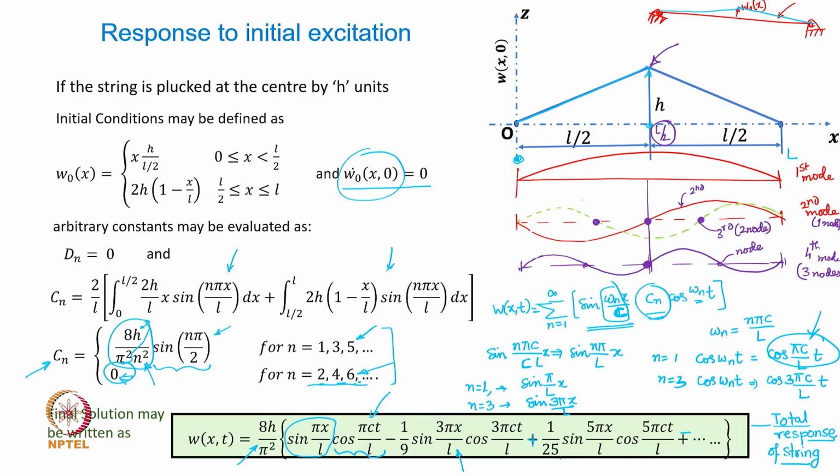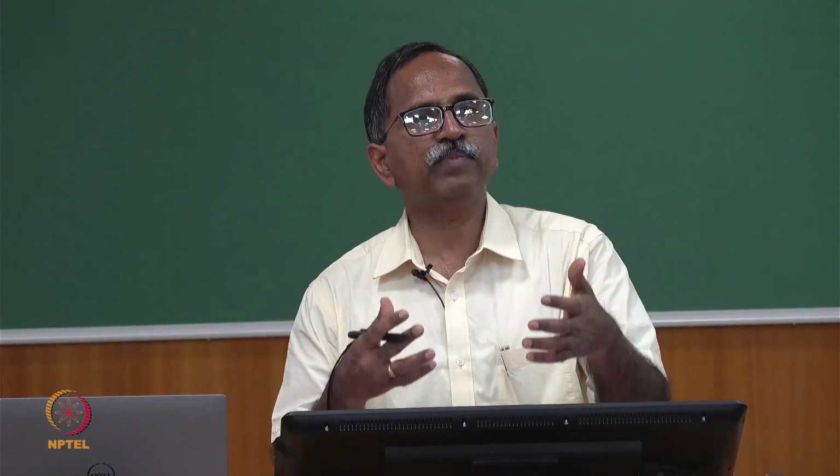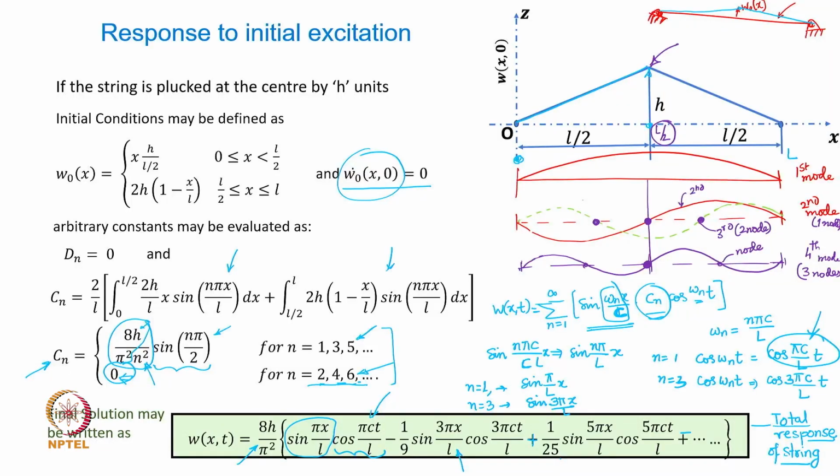So it is not in tune with the initial displacement expected for that mode to participate or get excited. That is the physical reason why Cn is equal to 0 for all the even modes, whereas it is non-zero for all the odd ones, that is n equal to 1, 3, 5 and 7 and so on.